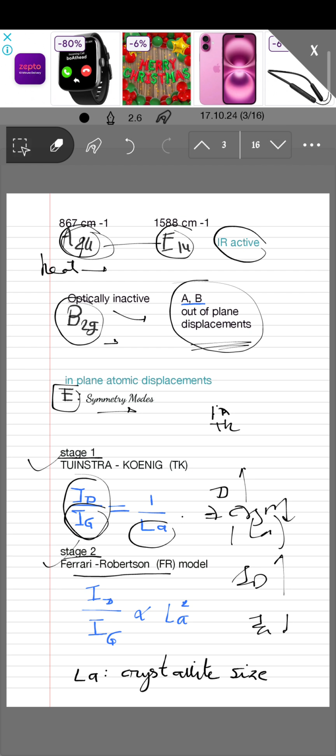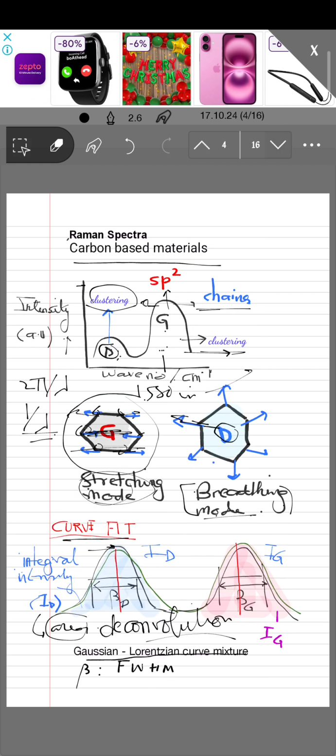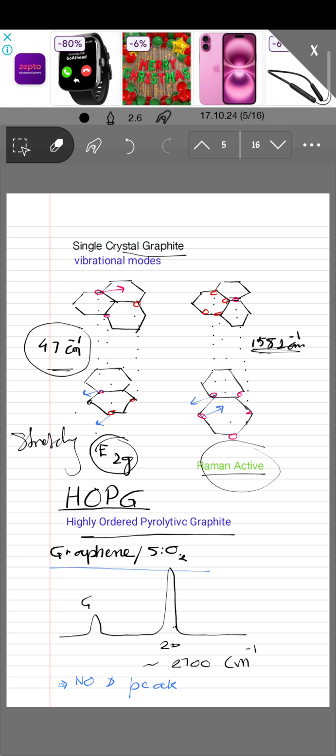Now, coming to nanocarbons, if we take the Raman spectra of graphene, a very interesting thing obtained is that there will be almost no D peak, provided pure graphene has been formed.